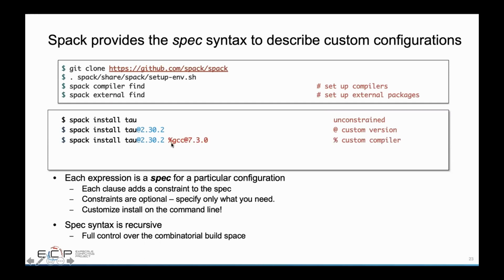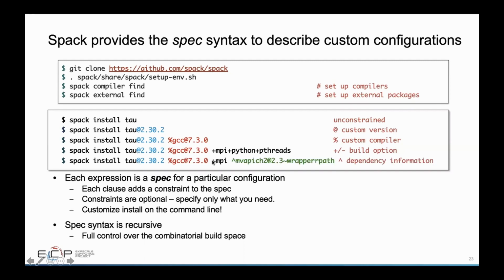So you could say %gcc@7.3.0, and then it will use the GCC compiler, which it had found with spack compiler find, version 7.3.0, to install tau. You can also specify variants for a recipe, for a spec. So you can say +mpi +python +pthreads, and then these build options are enabled for tau.